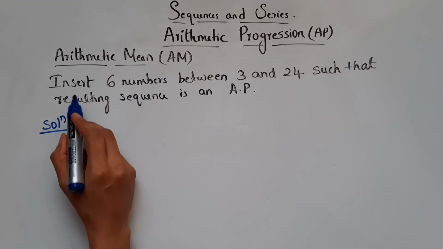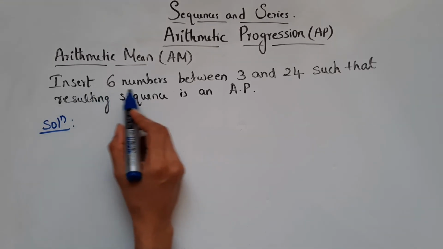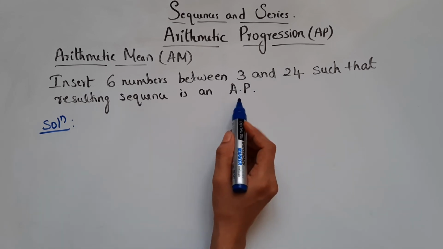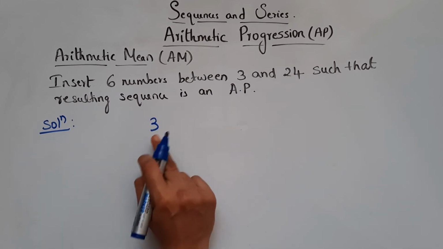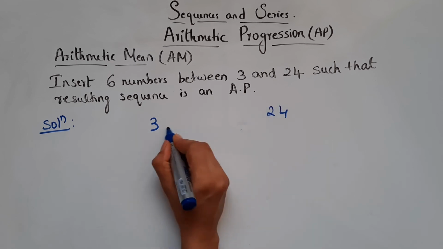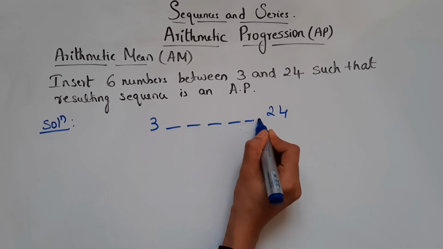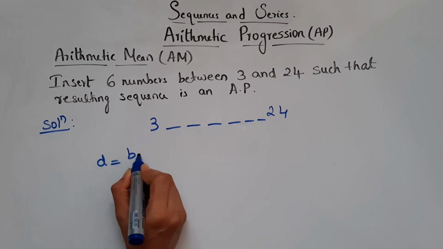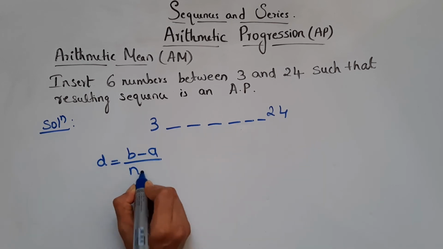So now let's see this example. Here it says, insert 6 numbers between 3 and 24 such that the resultant sequence is an AP. So we have to insert 6 numbers between 3 and 24. We know the common difference d is equal to (b minus a) by (n plus 1).